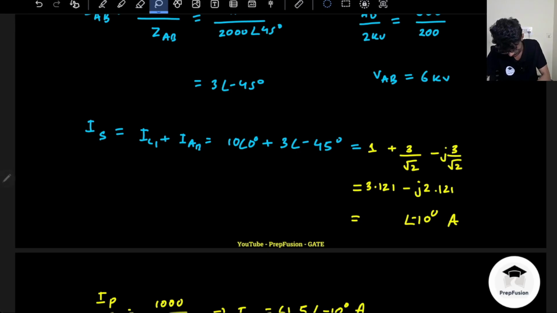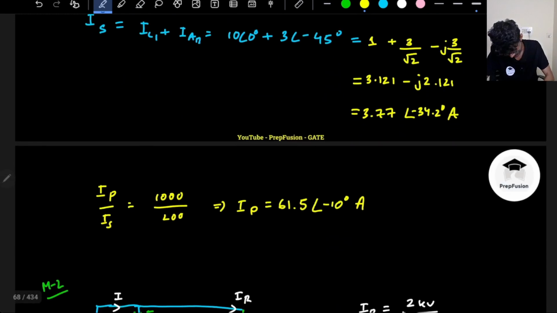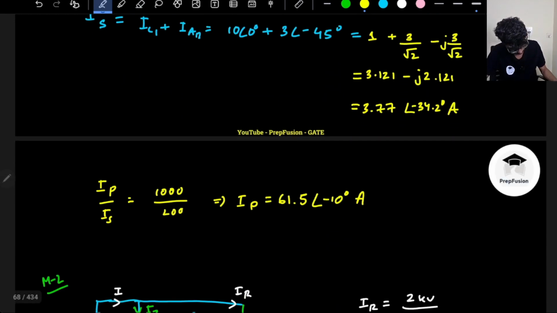So 3.77, and this will be 2.121 divided by 3.121 tan inverse. So angle will be minus 34.2. Okay, apologies from my end, just a bit of mistake. So in the secondary it will be 5 times this. So 3.77 into 5, this will be 18.85.